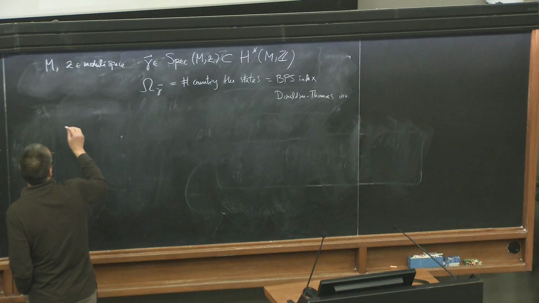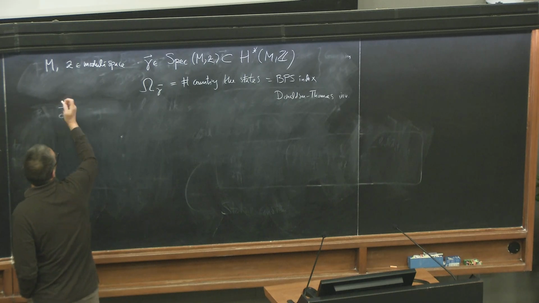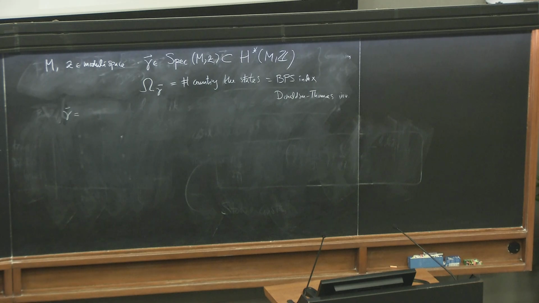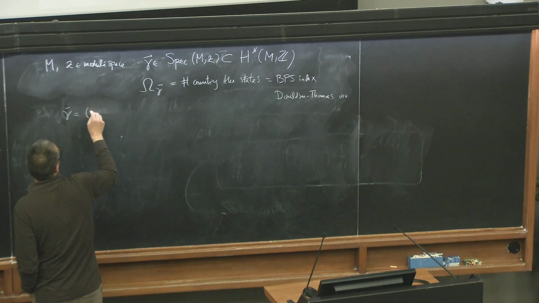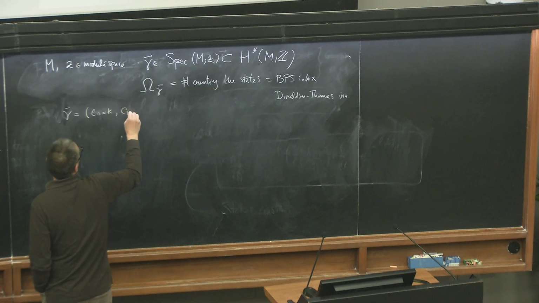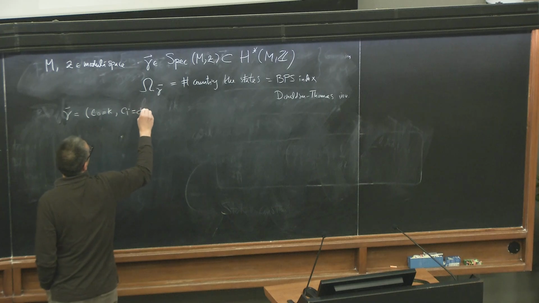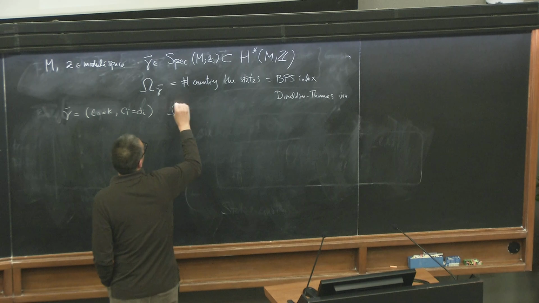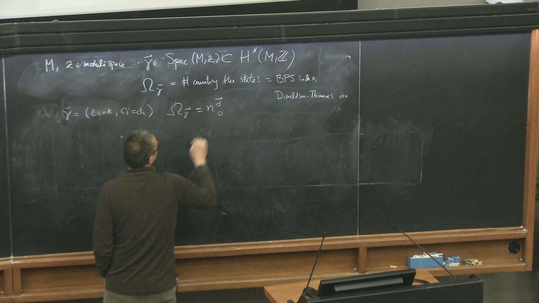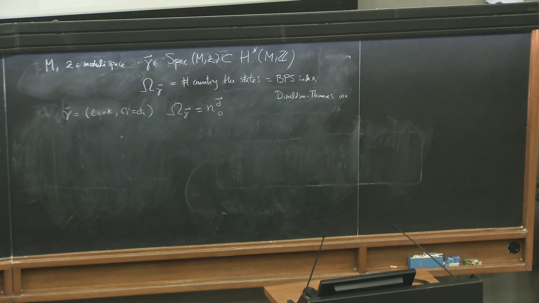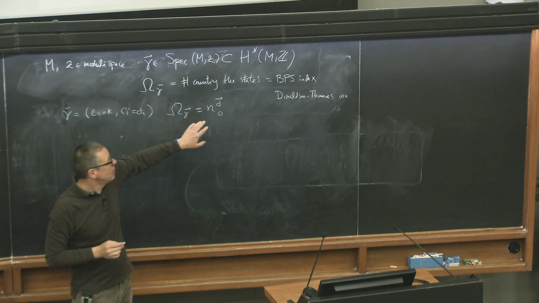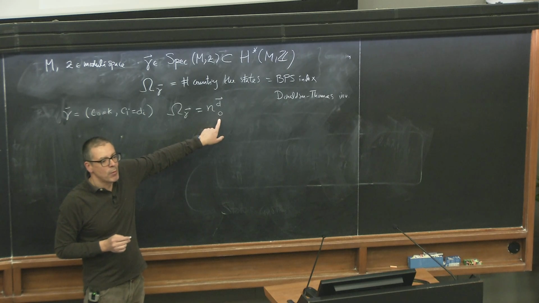Let me make a comment: when in gamma you only have c_i different from 0, so you have c_0 equal to k, and then c_i equal to d_i, okay? Then omega of gamma is our old friend, the Gopakumar-Vafa invariant n_0^d. Okay? So precisely when the D-branes are D0, D2 branes, this BPS index is the zero spin Gopakumar-Vafa invariant.